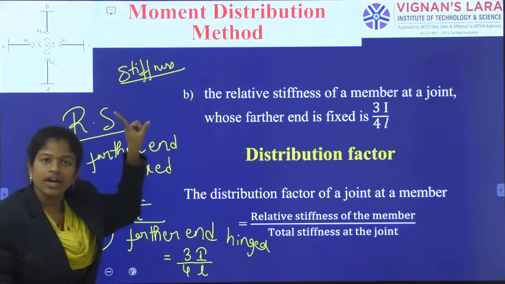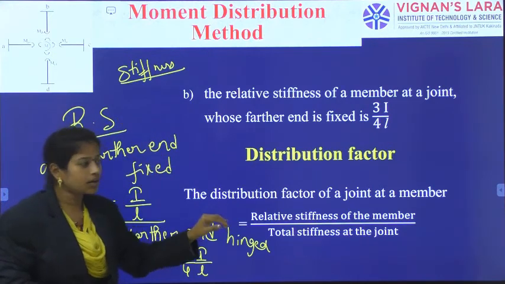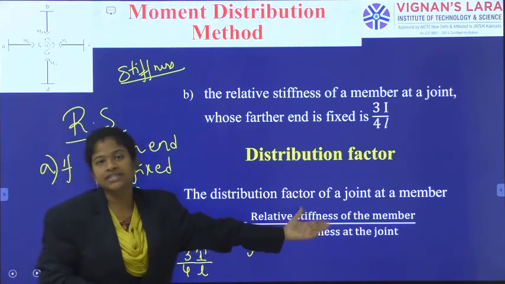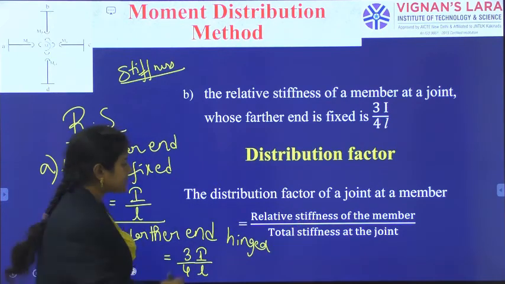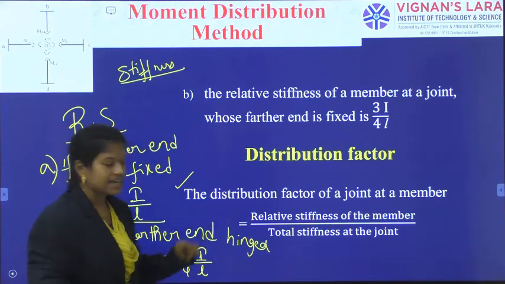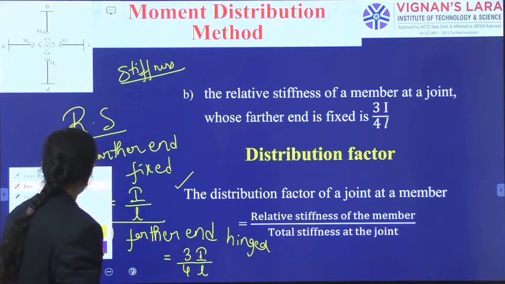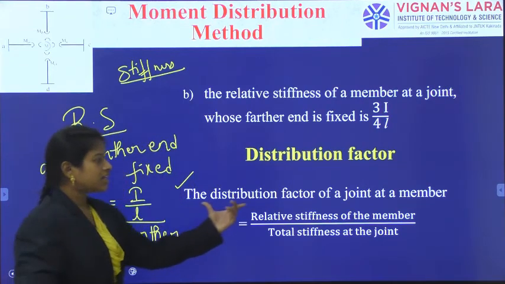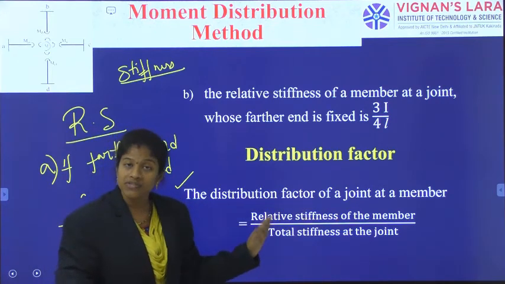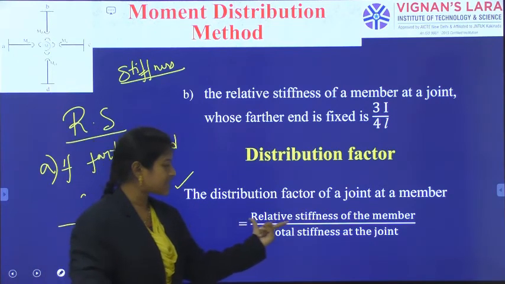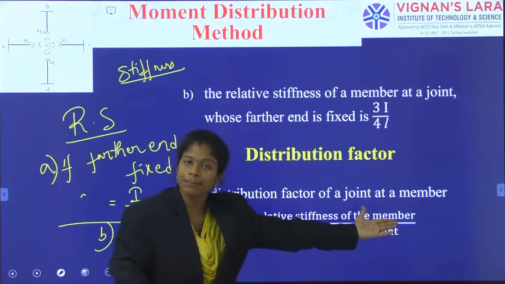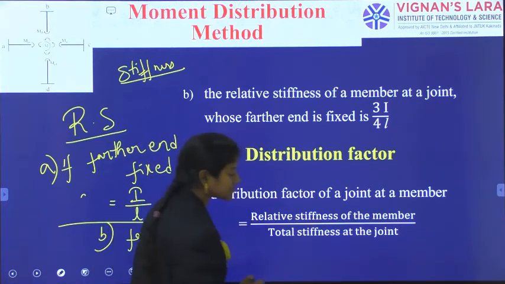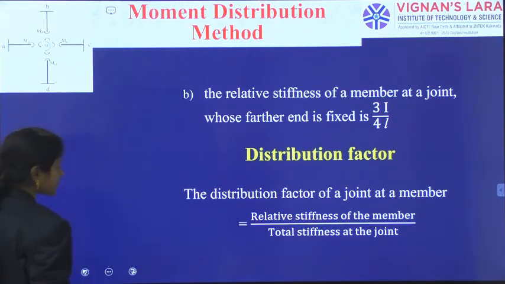That is one way of calculating the distribution factor. Or we can use the relative stiffness term for calculating the distribution factor. The distribution factor for a joint member using the relative stiffness concept is equal to the relative stiffness of the member divided by the total relative stiffness at the joint.